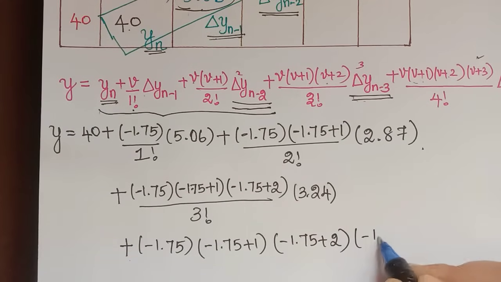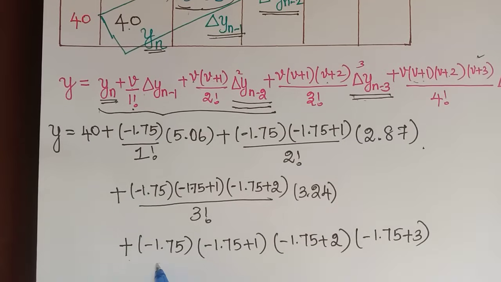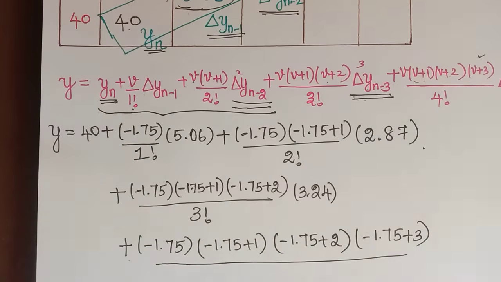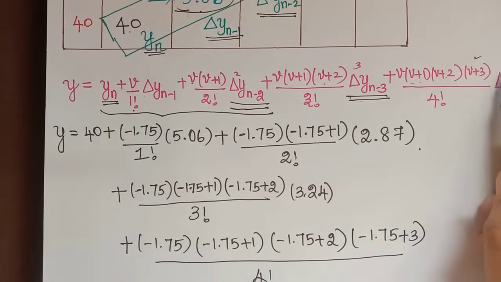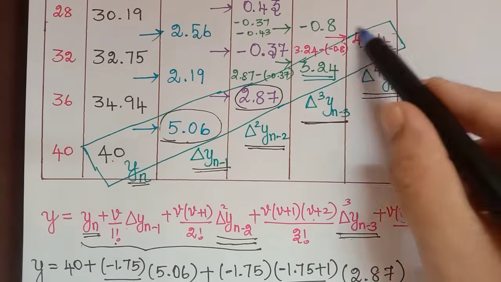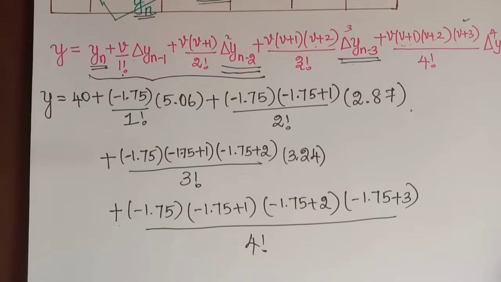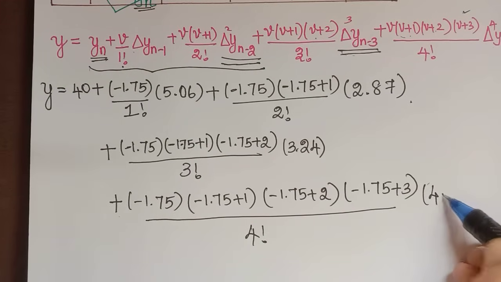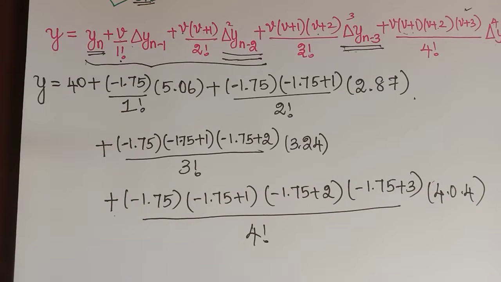So minus 1.75 plus 3, the whole divided by 4 factorial. So 4 factorial multiplied with delta power 4 of y n minus 4, this last value that we have here, that is 4.04. So that we have to substitute. Now let us calculate all this.